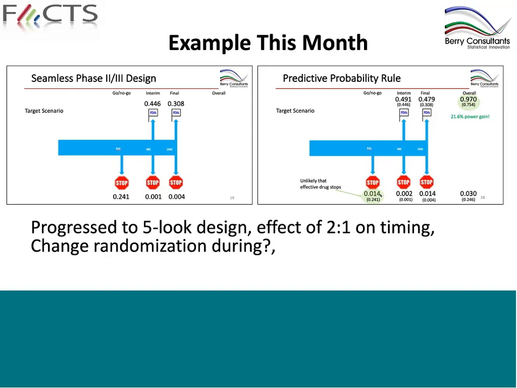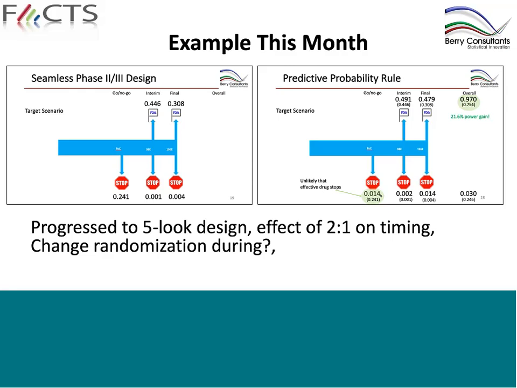Originally, this project was one where they were skeptical. I feel like the team was somewhat told by upper management, "You should explore innovative simulation and designs," and they were a bit skeptical. When we started to simulate this and present it in their scenario, it progressed from 1 or 2 looks to 5 looks, exploring randomization ratios.